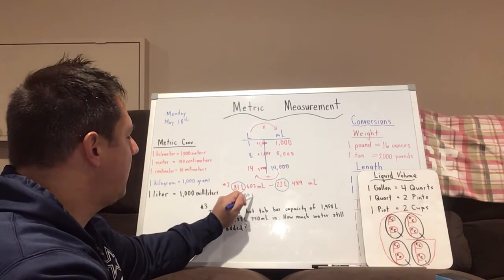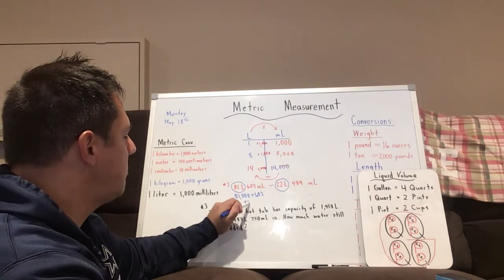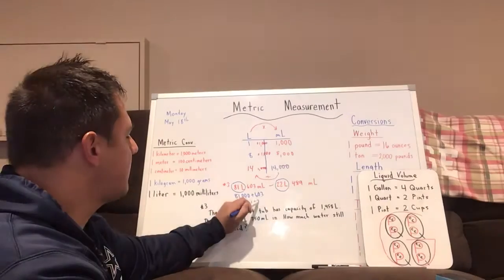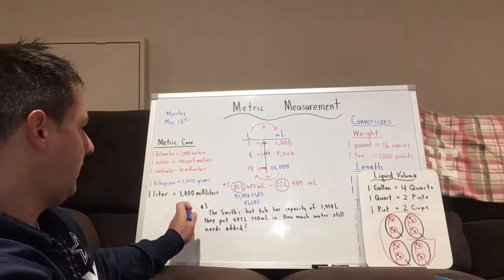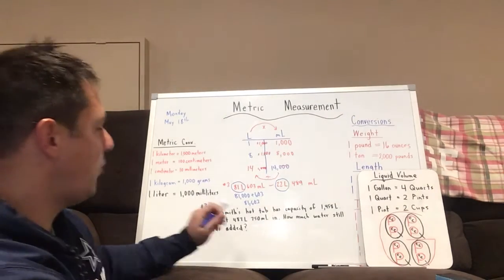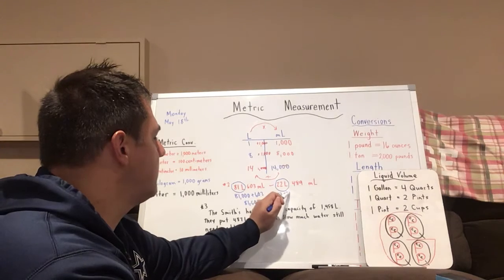And then I'm going to add the 603 milliliters to get a total of 81,603. Over here, I know that 22 liters, converting to milliliters, would be times 1,000, which is 22,000 milliliters.